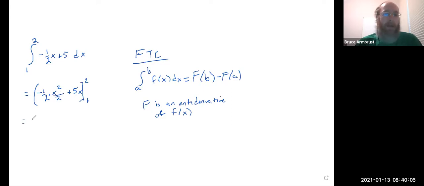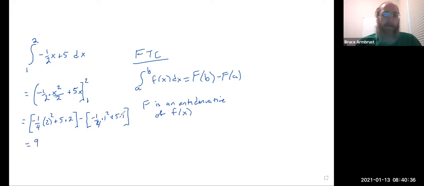So this is going to be -1/4 times 2 squared plus 5 times 2. And then we're going to subtract from that -1/4 times 1 squared plus 5 times 1. All right, so 2 squared is 4 times -1/4 is -1, plus 10 is 9, so that was 9.